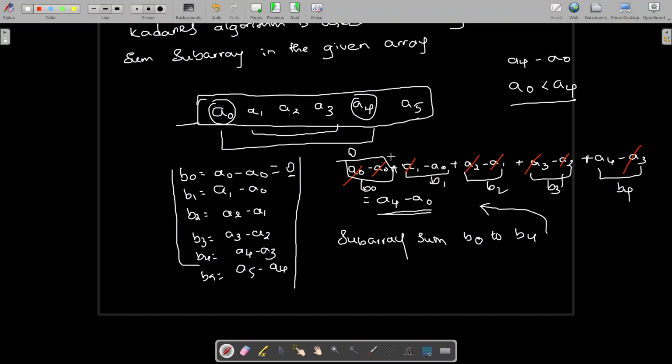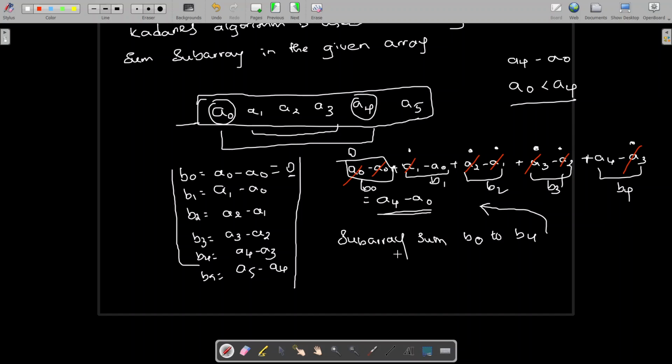Here a0 minus a0 will be 0. a1 minus a1 is cancelled, a2 and a2 are cancelled, and a3 and this a3 are cancelled. Why? Because we want to remove all this, right? The negative sign is making us remove a1, a2 and a3. This is the way we can remove this sum, and we will be getting only the profit from buying on the 0th day and selling on the 4th day.